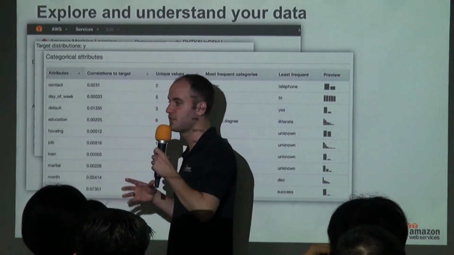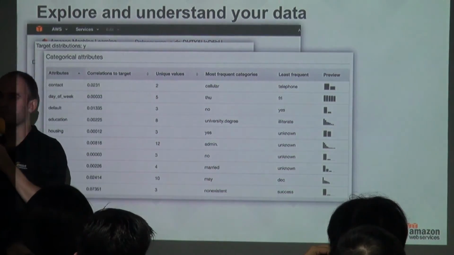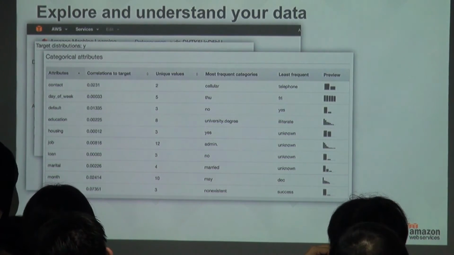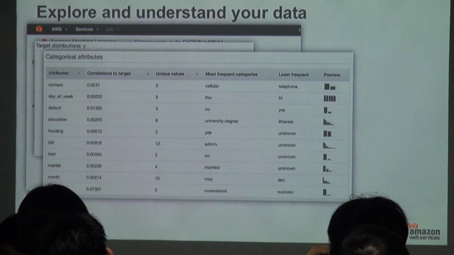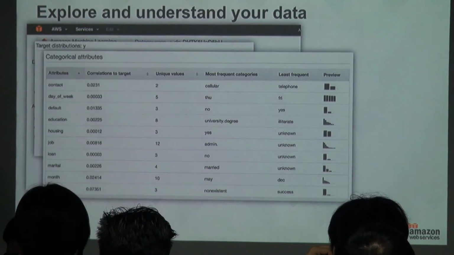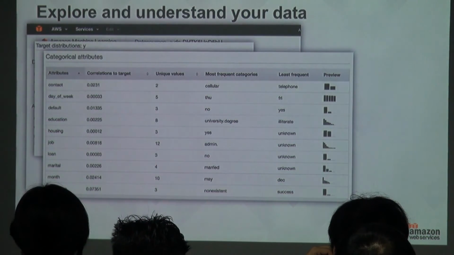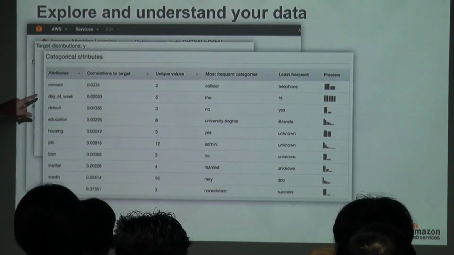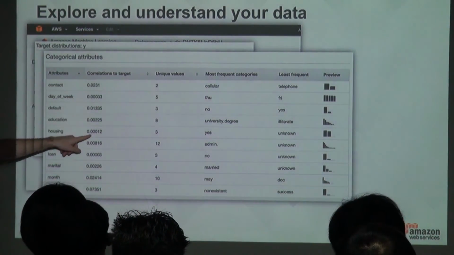When we want to build a good model, we want it to be not noisy. We want it to be good input data. So what does that very often translate to? To a good correlation from the input data property to the target variable that we want to predict. So if you load it in, Amazon Machine Learning does exactly that for you.